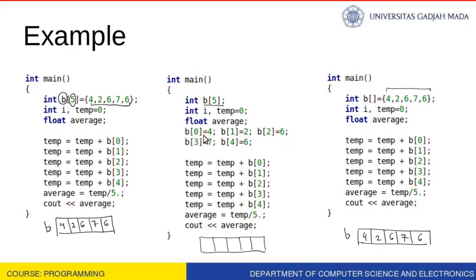So we can insert the value by indicating the index of the element of the array B, and then the value, using the assignment operation, just like this. So after executing this line, all the programs will have the same status of this array B. So this is 4, 2, 6, 7, and 6.